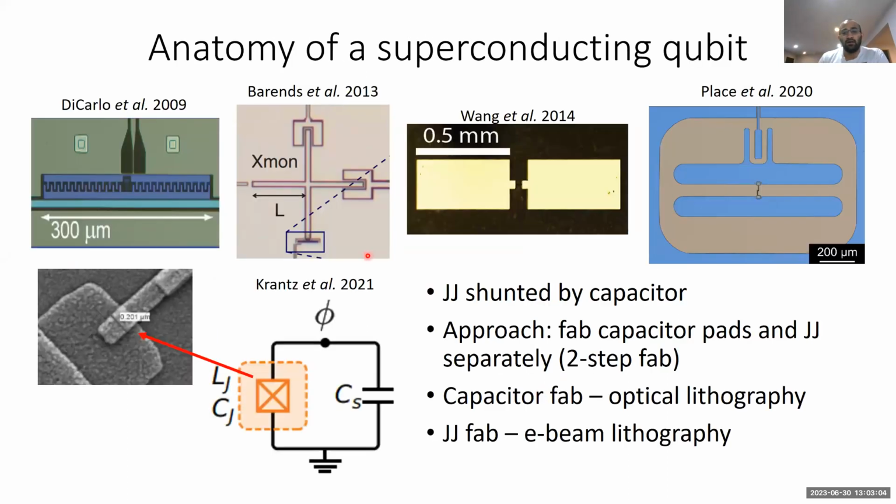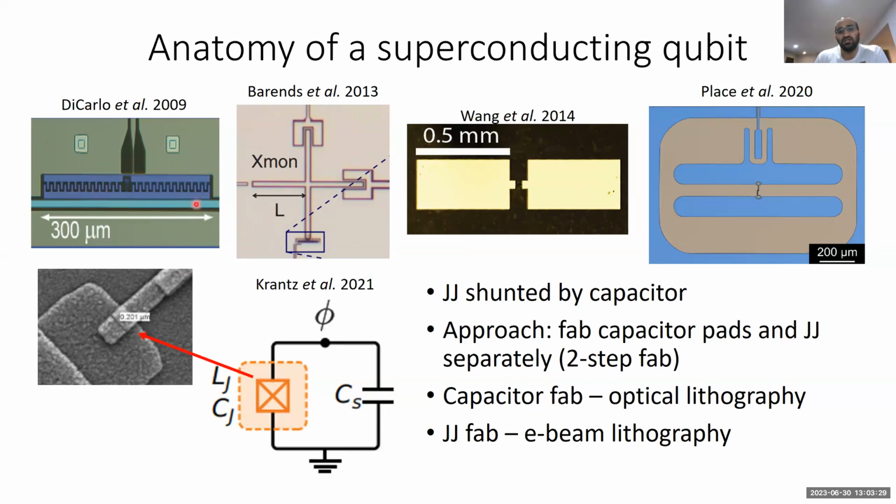Okay, so let's talk about the anatomy of a qubit. Superconducting qubits can come in many shapes and sizes, and they all have many different corresponding circuit diagrams. But for the rest of this lecture, I'll focus on one of the simplest and most widely used types of qubit, which is called the transmon qubit. A transmon qubit is basically just a Josephson junction shunted by a capacitor.